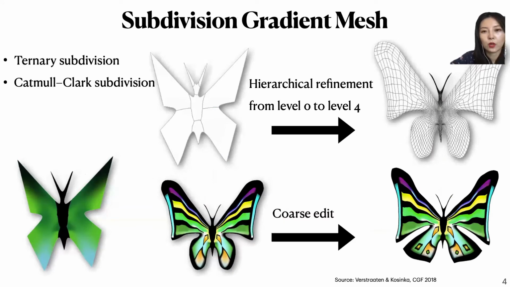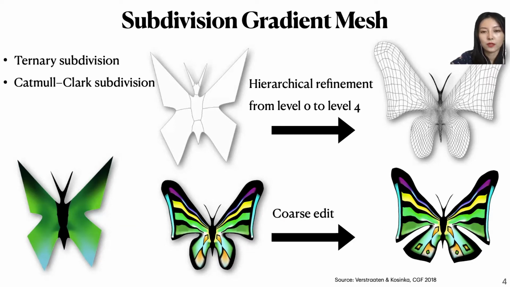In previous work with subdivision gradient mesh, the restriction of rectangular gradient meshes is reduced. The method allows artists to create gradient meshes of arbitrary manifold topology. First, there is an original polygon coarse mesh. As you can see with the butterfly, the mesh contains polygons, so it's more convenient to create any shape you want.